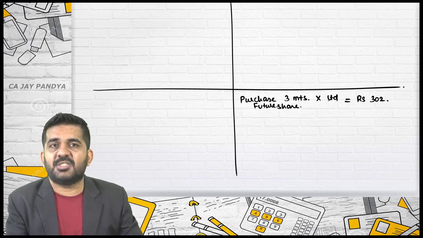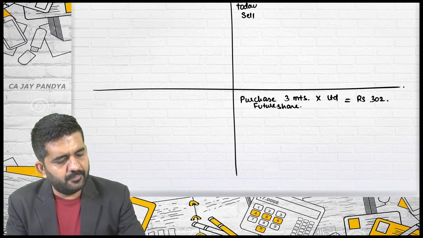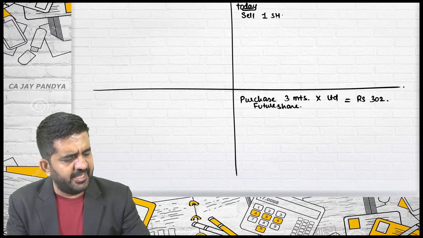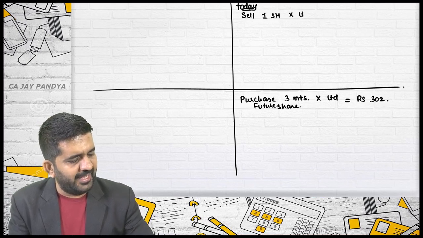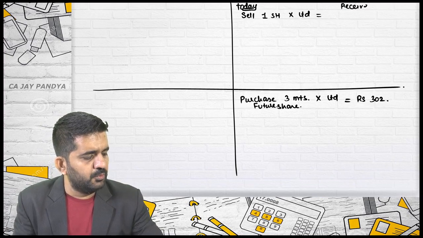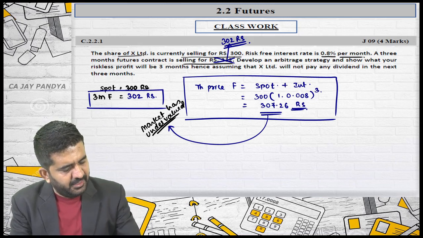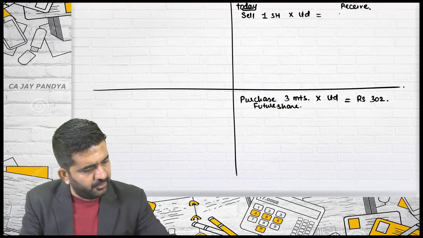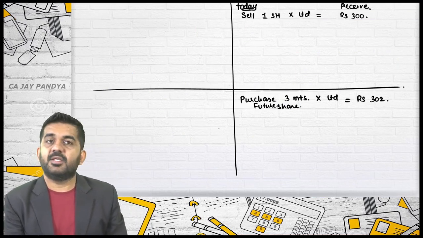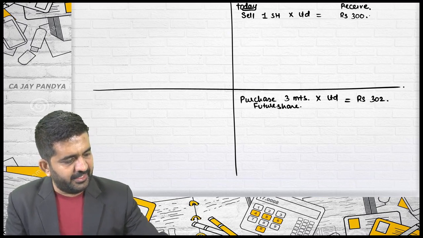You have purchased 3 months X limited, so today you should sell 1 share of X limited. If you sell 1 share, how much will you get today? Rupees 300 will be received today.